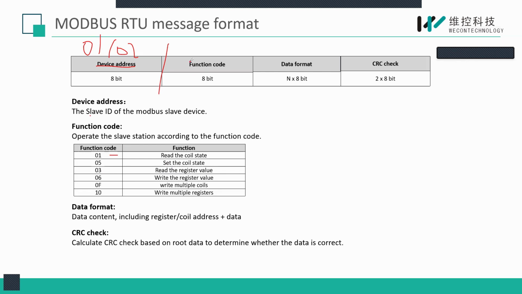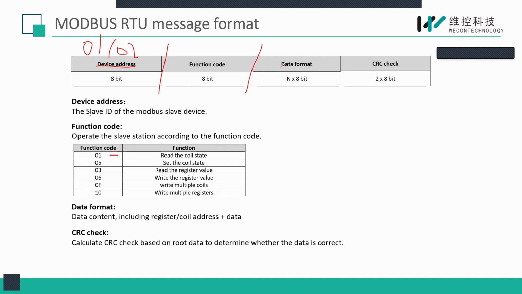So Modbus has many function codes that let our master read and write values from the device. The second part is the function code.